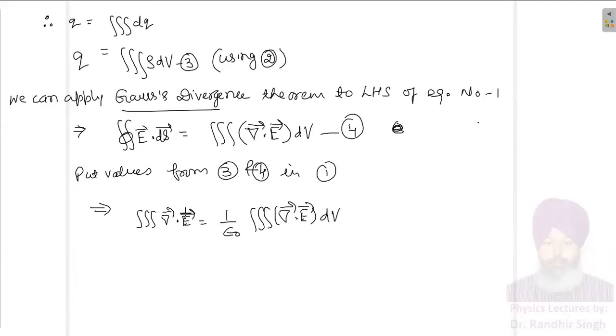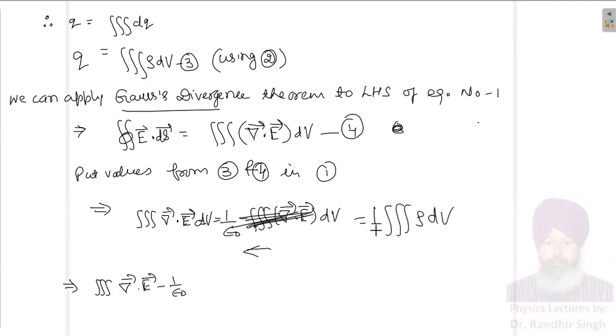Sorry, I forgot dv here, and I put it the wrong way. Now it is correct. Bring the right hand side to the left hand side: triple integration of del dot E dv minus 1 by epsilon naught triple integration of rho dv is equal to 0.